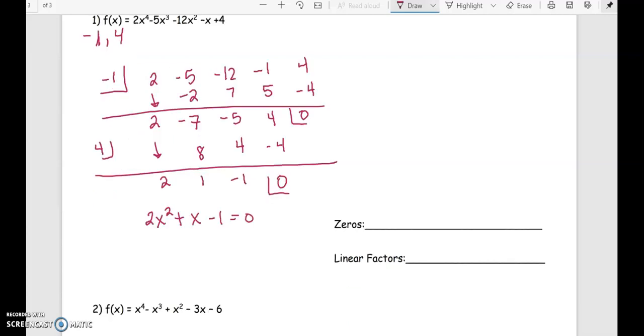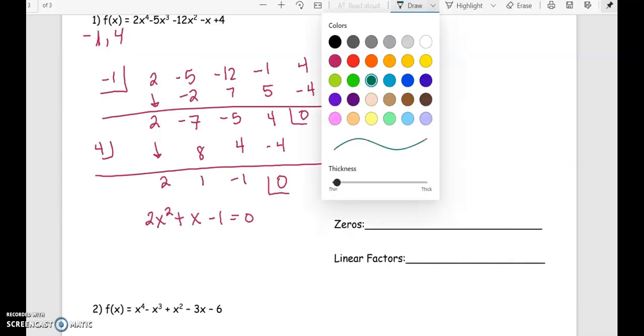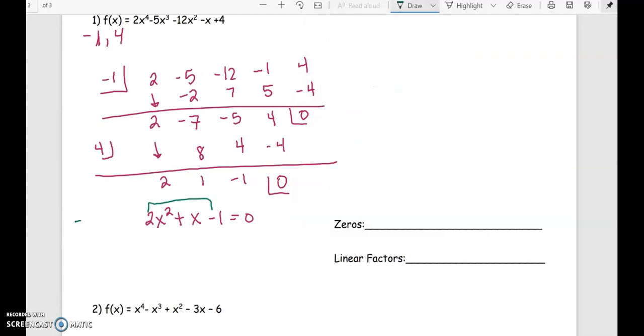All right, so we're going to factor what's left here. We're going to take our first times our last, come up with the factors of -2 that add to get 1, and we're going to use 2 and -1, and put those in group. So my 2x and my -x is what adds up to that 1x.